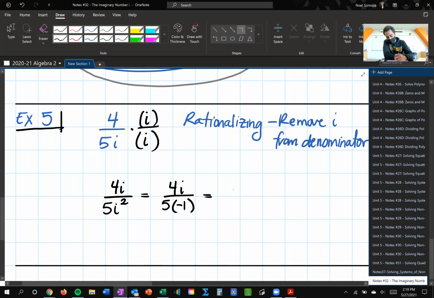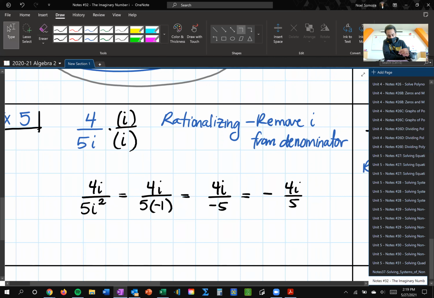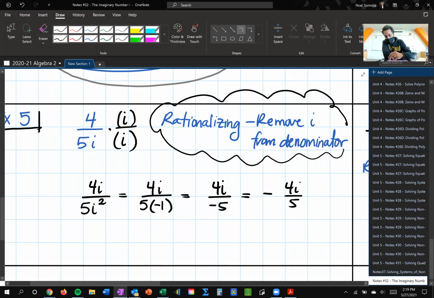So we end up with 4i all over negative 5, which is the same thing as negative 4i over 5. But what have we done? The goal was to remove i from the denominator, right? Even though we still have i in the numerator, that's okay. We've been able to remove i from the denominator by using this precise tool called rationalizing.